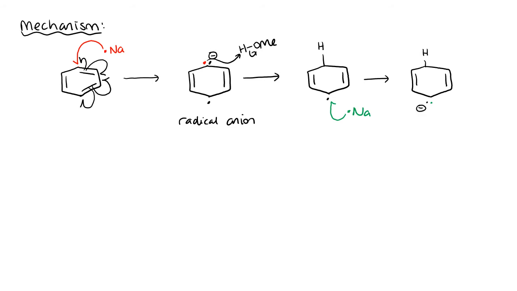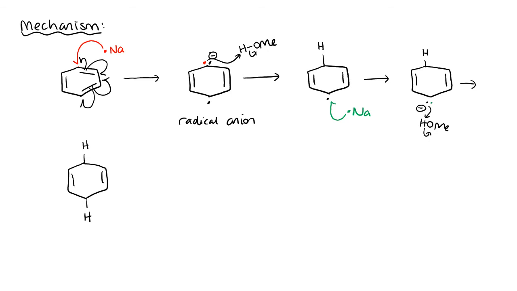And then another molecule of methanol will come in and act as the proton source. And at this point, we have reduced the two carbons on the opposite side of the ring.